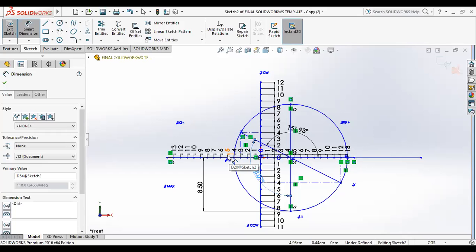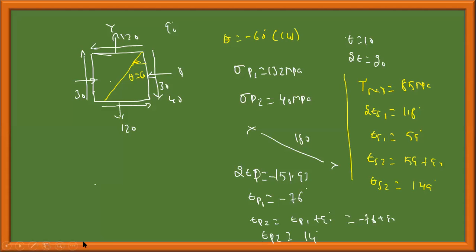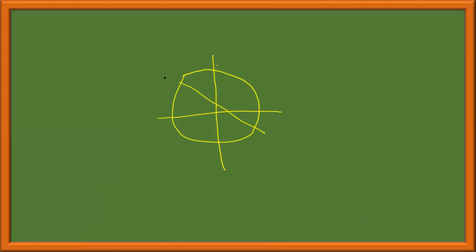From the x point, I should draw a line like this. Let me represent it. Assume this is given like this; I'm just giving a general case. This is my x point and this is my y point.